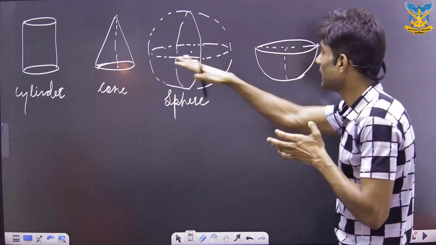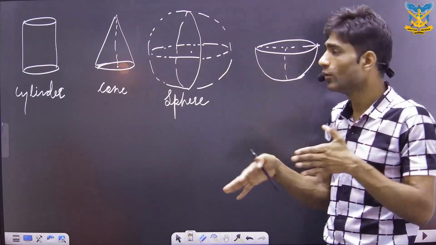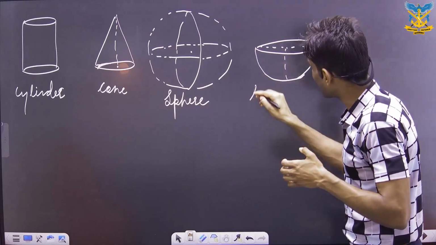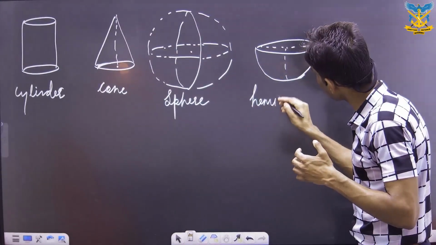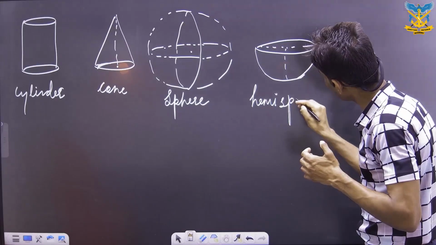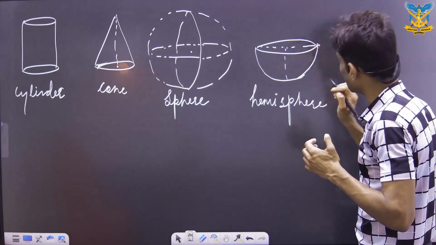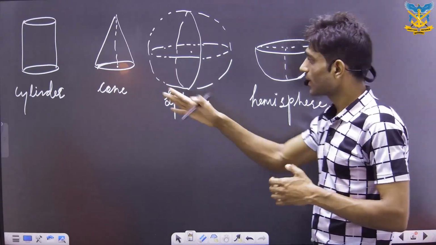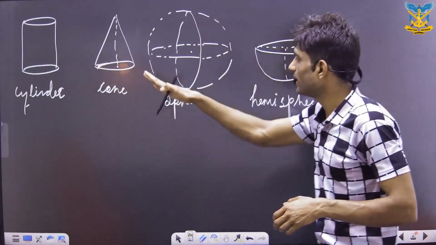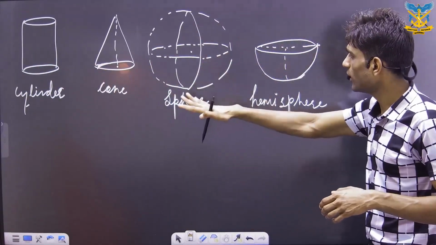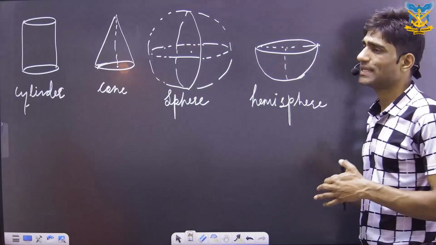When we cut a sphere into two equal parts, we get the hemisphere. So first it started from a cylinder, then the cone, the sphere, and the hemisphere.